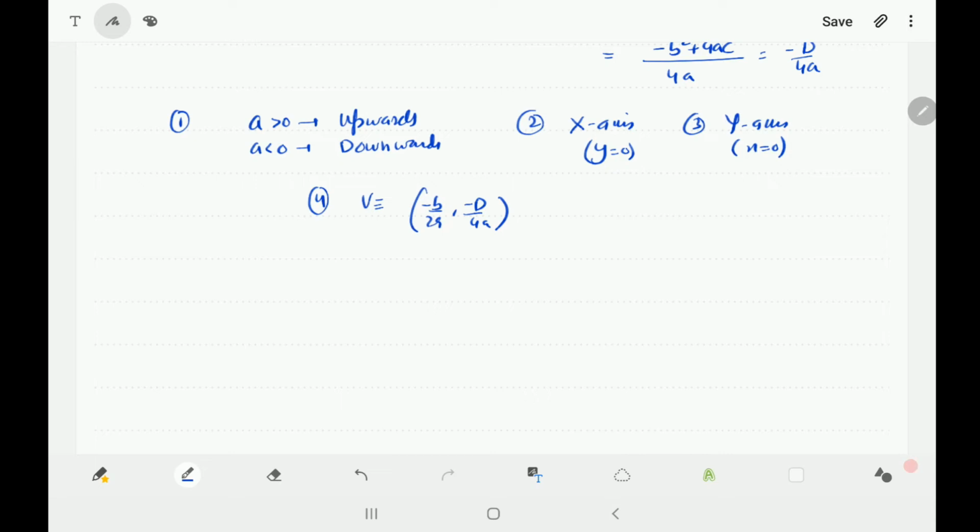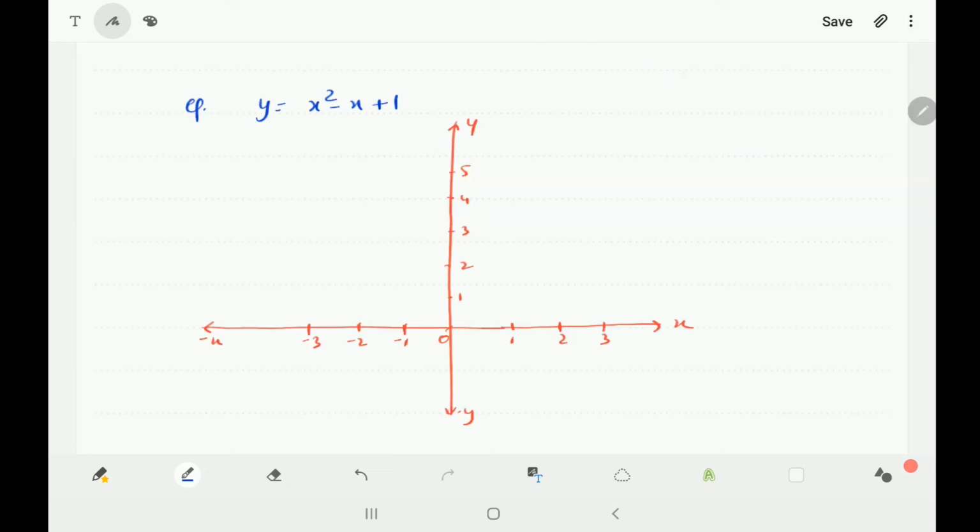Now let's take an example of a parabola and try to sketch it. Let's try to sketch y equals x² minus x plus 1. This is a quadratic polynomial. a is 1, and we'll go step by step, following the 4 steps. a is 1, which is greater than 0, hence the parabola will be upwards. Next, the second point is the intersection with the x-axis.